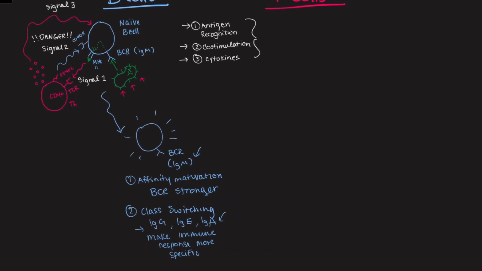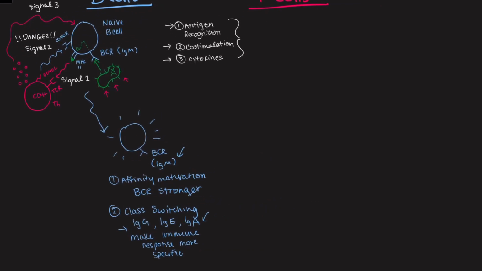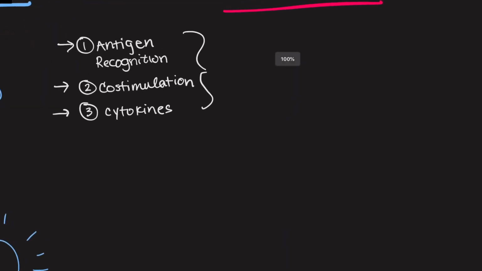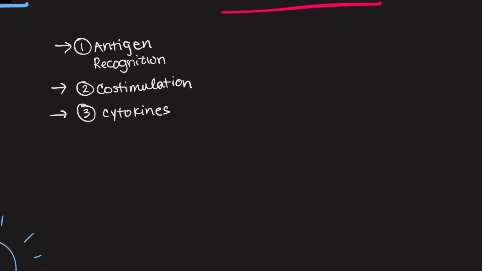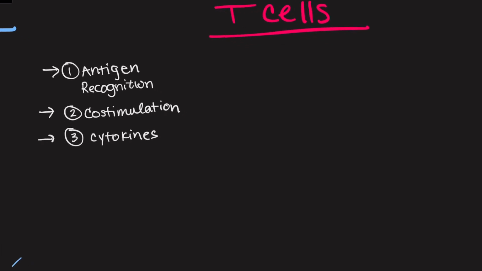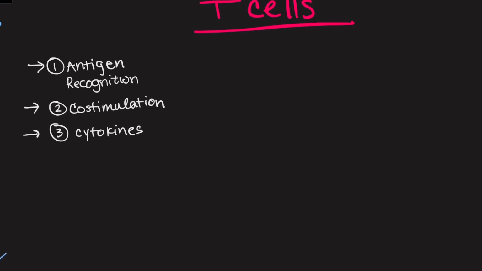Okay, so T cells are pretty similar. Again, they're going through these same 3 steps, but it's just a little different in how they do it. So a T cell, just like the B cell, is going to be naive when it first starts out.